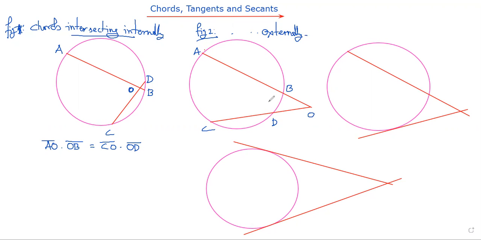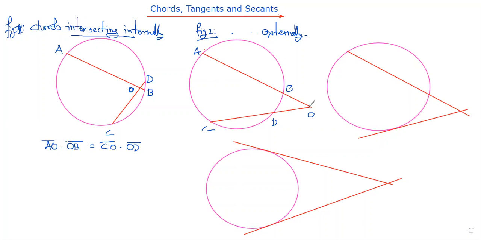Now, whenever it is intersecting externally, the earlier information still holds true in this case as well. What I want to say is, AO into BO means it is externally intersecting. So two parts of the secant here are AO, one part, and BO, another part.